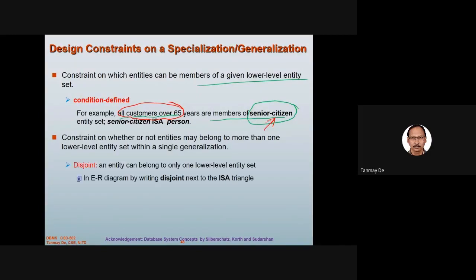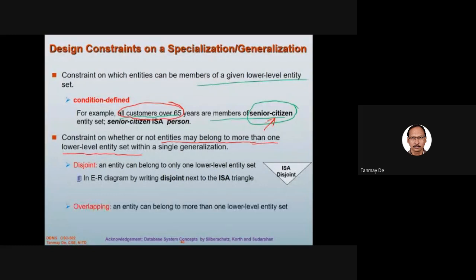Another constraint is whether or not entities may belong to more than one lower level entity set within a single generalization. If an entity belongs to more than one lower level entity set, then it is called overlapping.